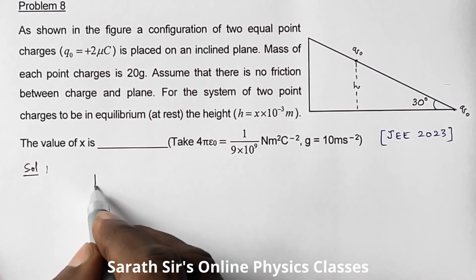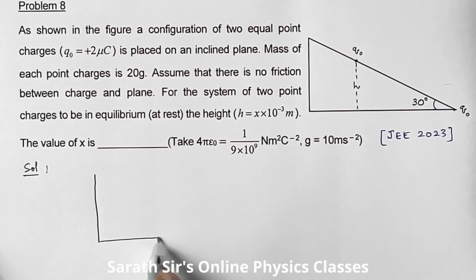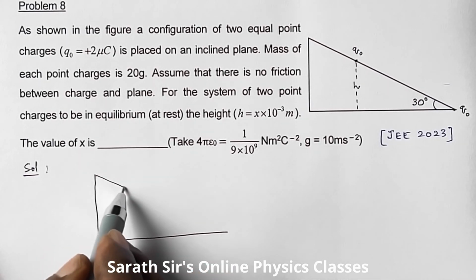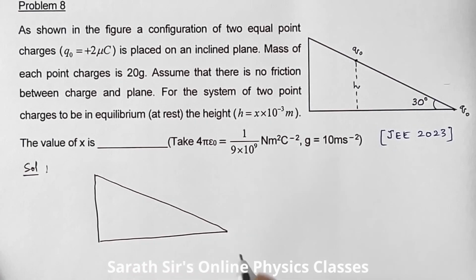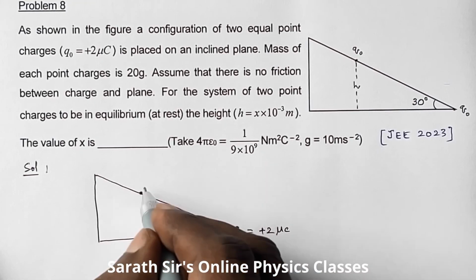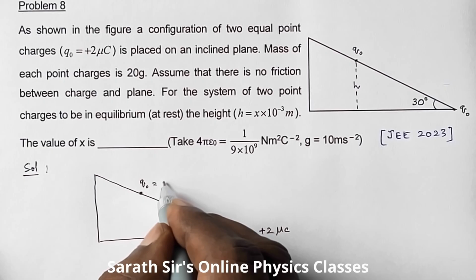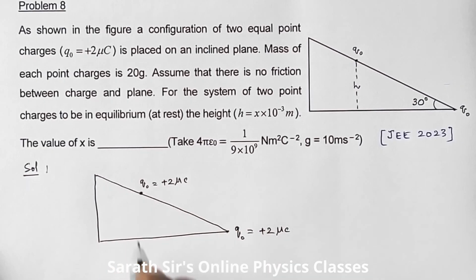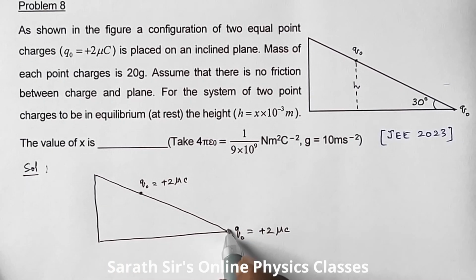See, 2 point charges are there here. So here 1 point charge is there, Q naught. The value is plus 2 microcoulomb. Here is another charge, Q naught is equal to plus 2 microcoulomb, and these are the positions. So what are the forces acting here?